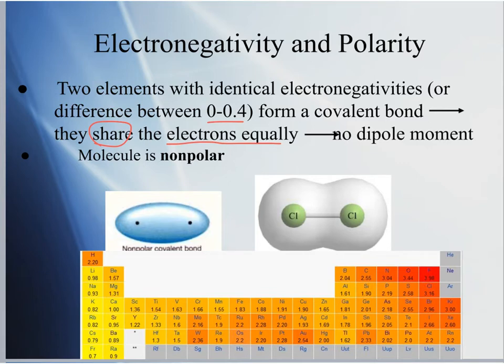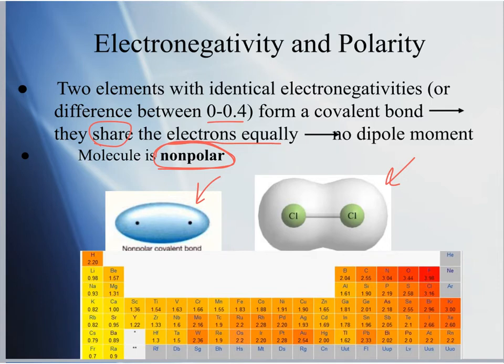So in this case, we're going to see in these pictures that we have no positive or negative ends, because there's no dipole moment being made, because everybody is sharing equally. The electrons are not being hogged to one side or the other in these types of molecules. So that's why we call these types of molecules non-polar, because there are no poles, or no positive or negative ends, on these molecules. So anytime you have a bond between two elements, you have to take a look at the difference in electronegativity.